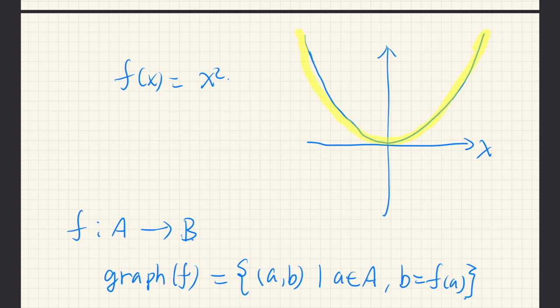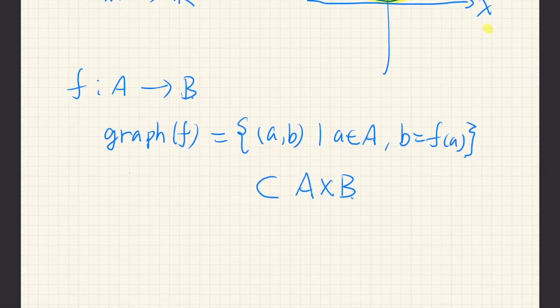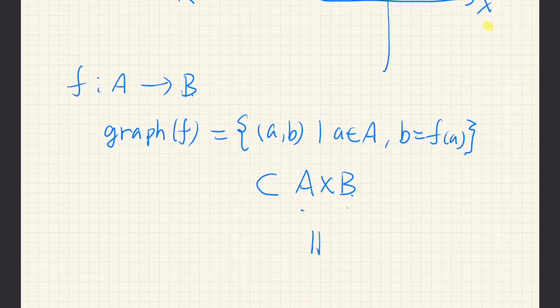So this curve, in this case f of x is x squared, is itself a subset of the two-dimensional Cartesian space, right? In this case, the domain is R, real numbers, and the codomain is also the set of real numbers. So A times B is R squared.